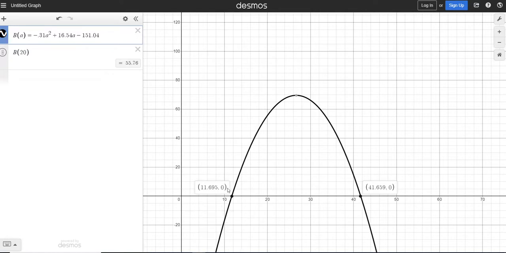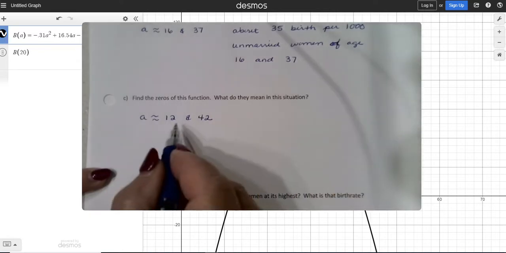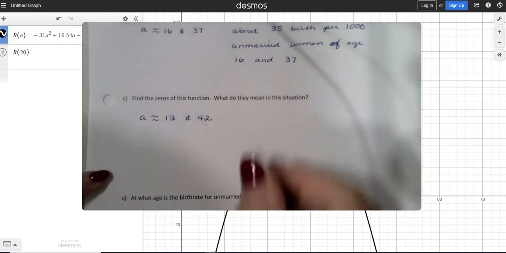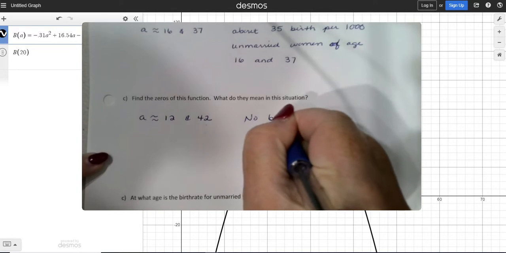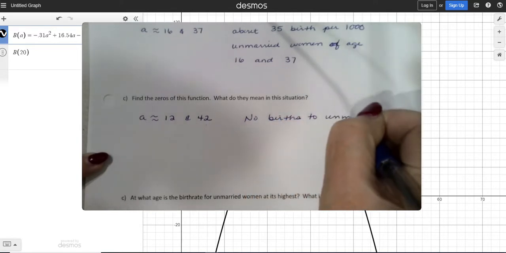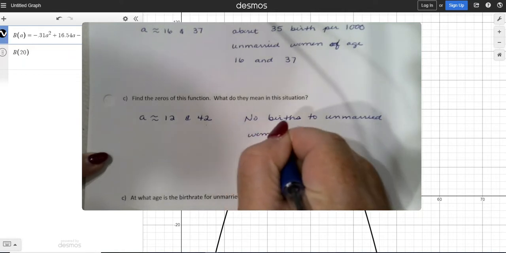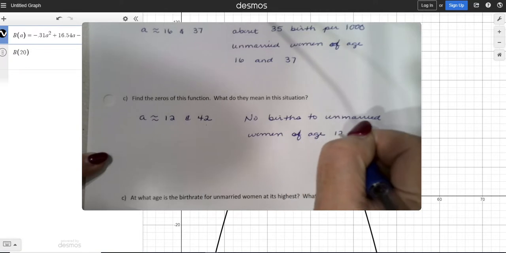And again, you can see the output there of 0. So these would be ages at which there would be no births per thousand or per any unmarried women. So no births to unmarried women of age 12 and 42.